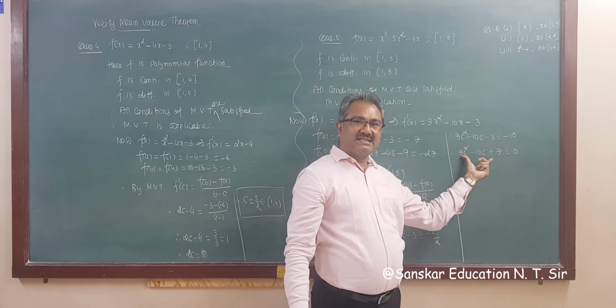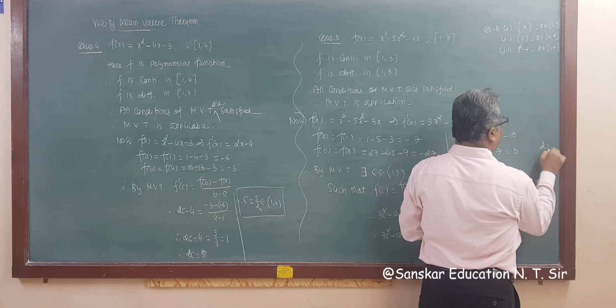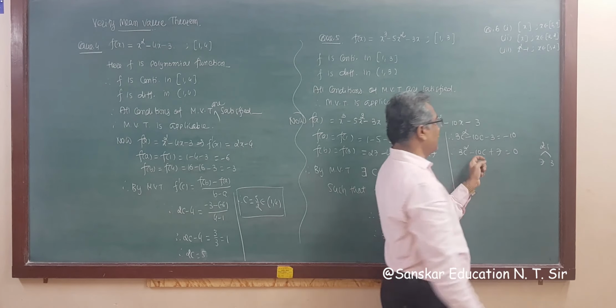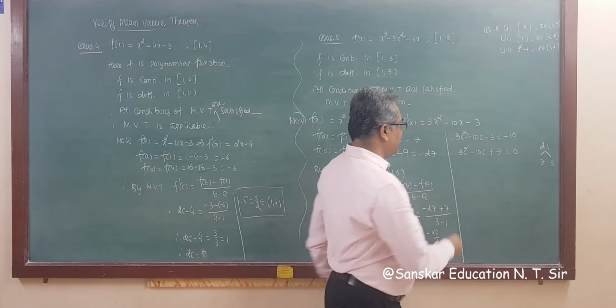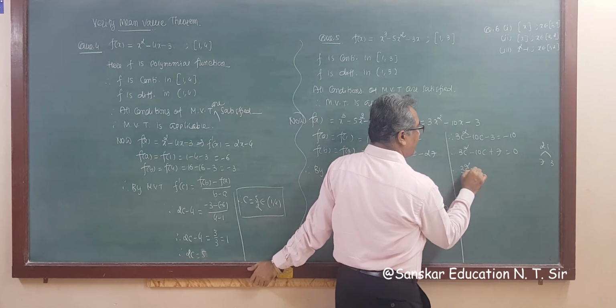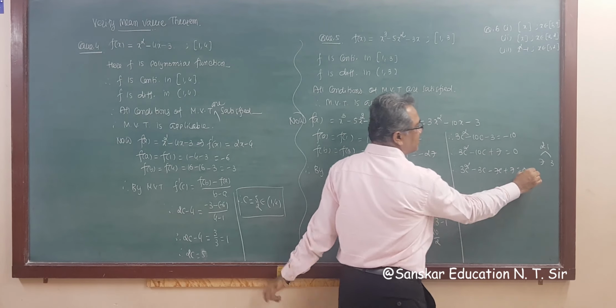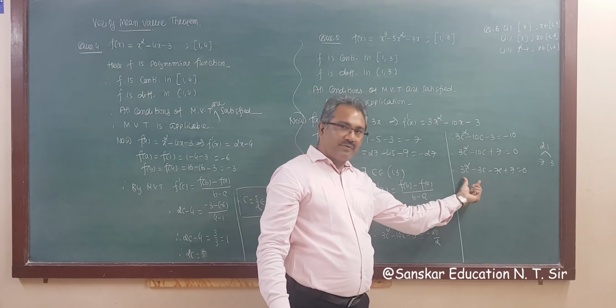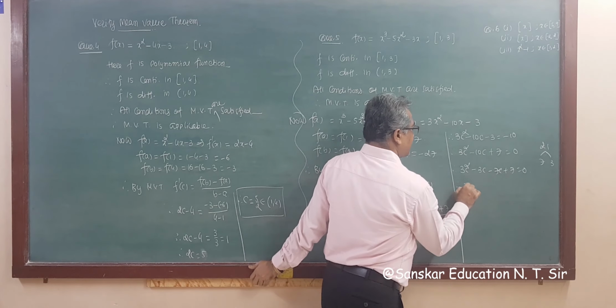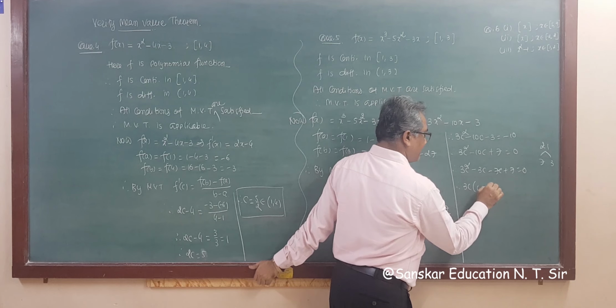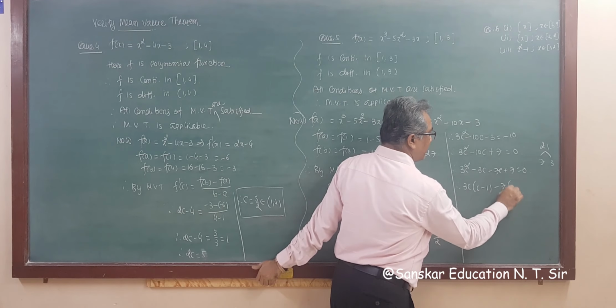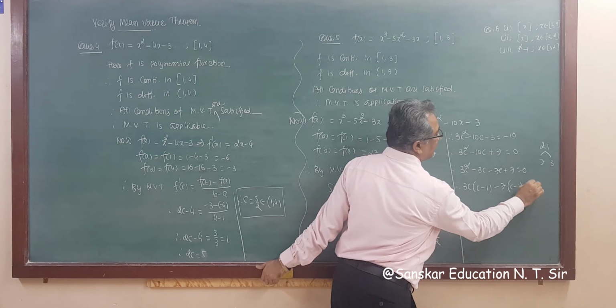Now 7 threes are 21 and 7 plus 3 is always 10. So factors of this are 3c square minus 3c minus 7c plus 7 is equal to 0. Taking 3c common from here, this is 3c(c minus 1) minus 7(c minus 1) is equal to 0.